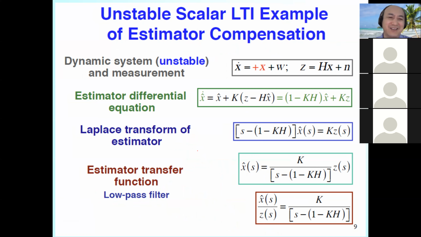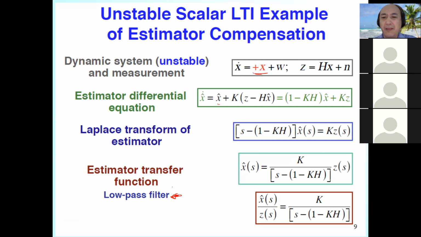Okay, so let's say I have something not stable. We can do the same here, and we can still do that. Then we still end up with a low pass filter.